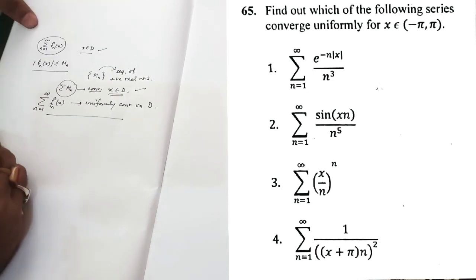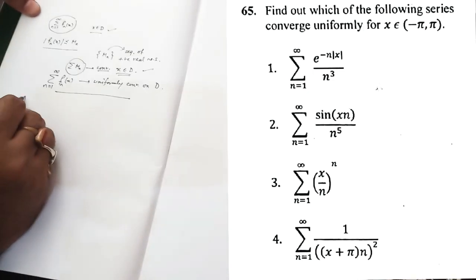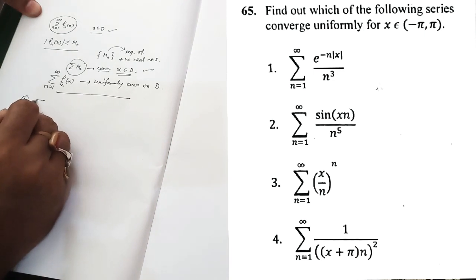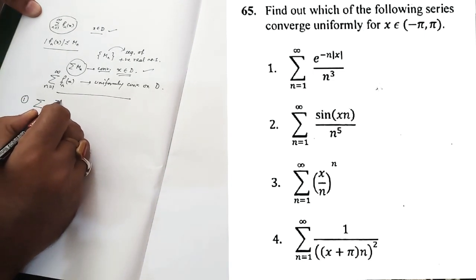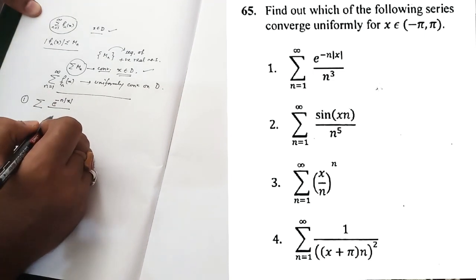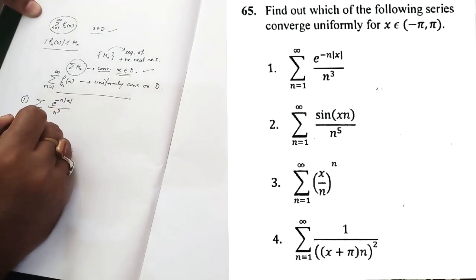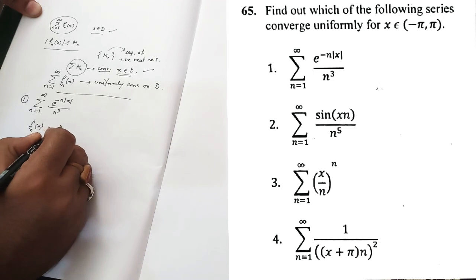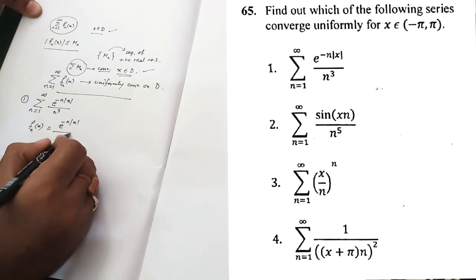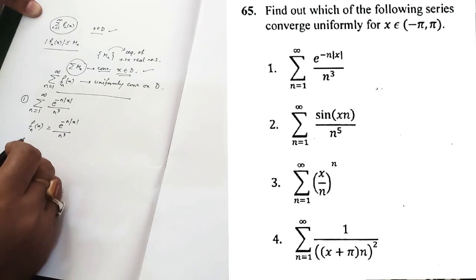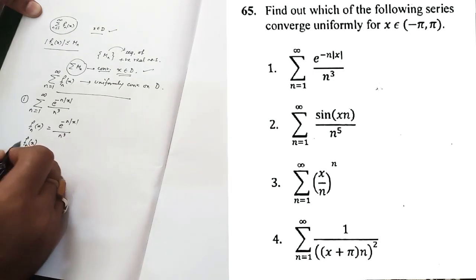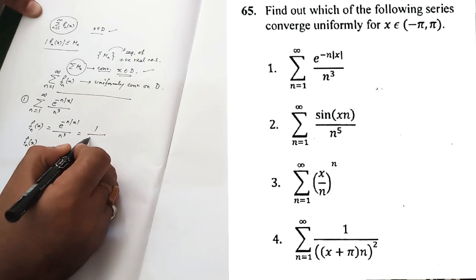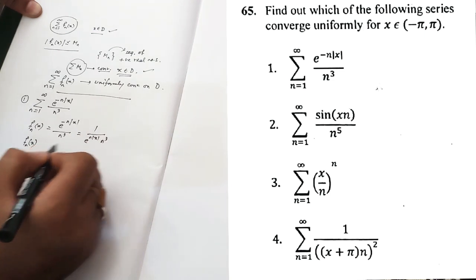Now come to the first option, where they have given us the series e to the power minus n mod x by n cube, n from 1 to infinity. Definitely here your f_n(x) is going to be e to the power minus n mod x over n cube, and simply you can write this one this way.